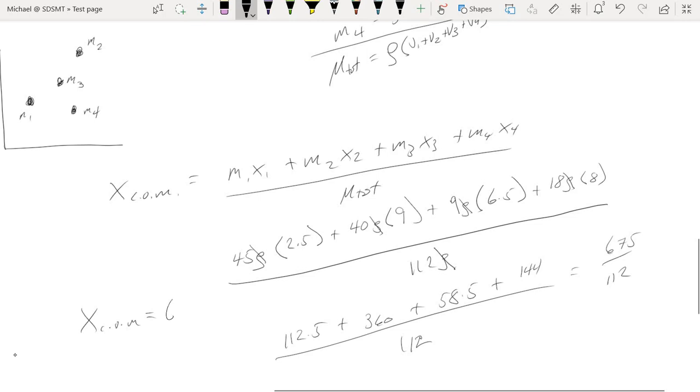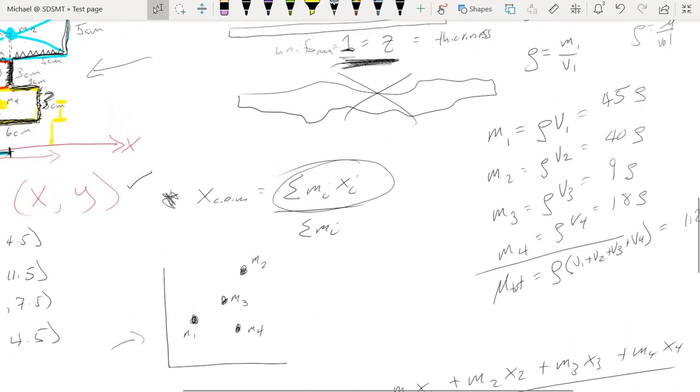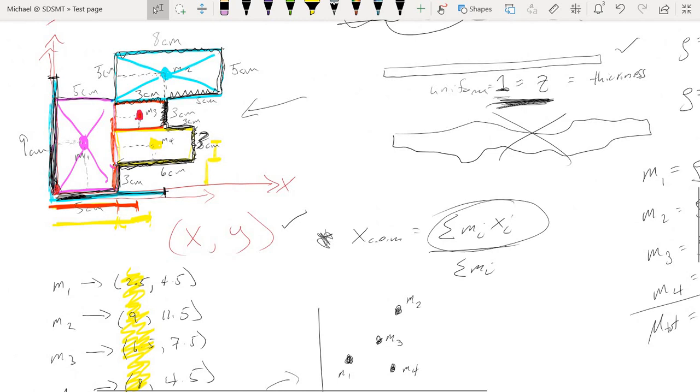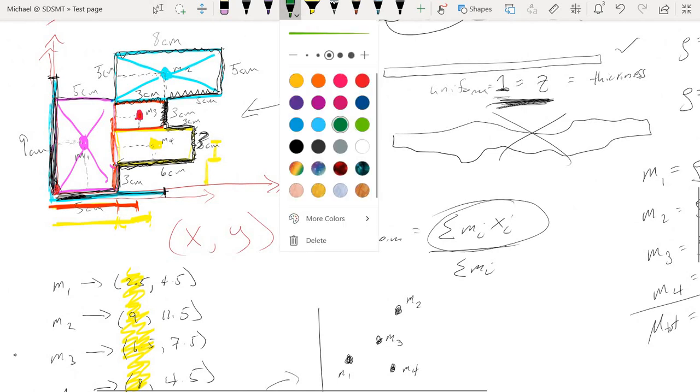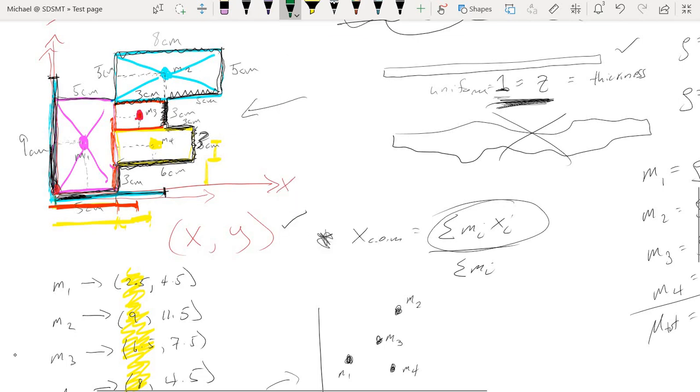So the center of mass along the x direction needs to be at 6.03 centimeters. Let's find out where that is, and I'll put a green line there. From here to here is 5 centimeters.